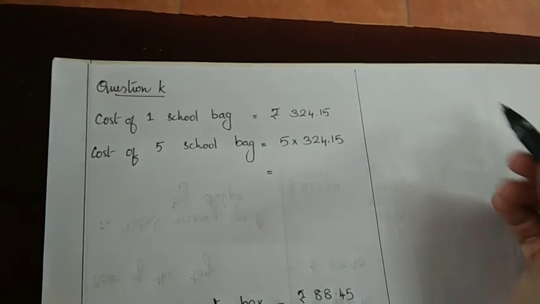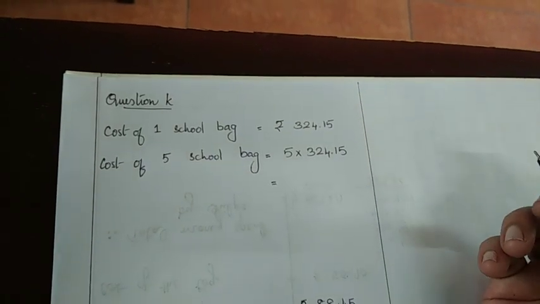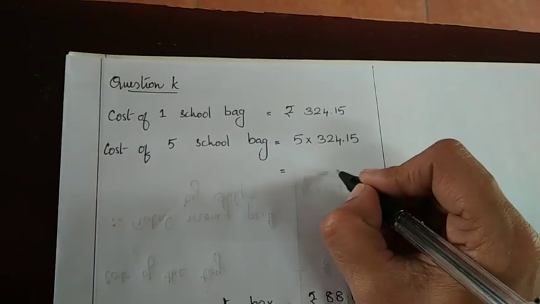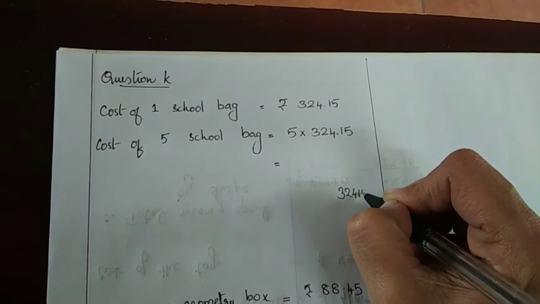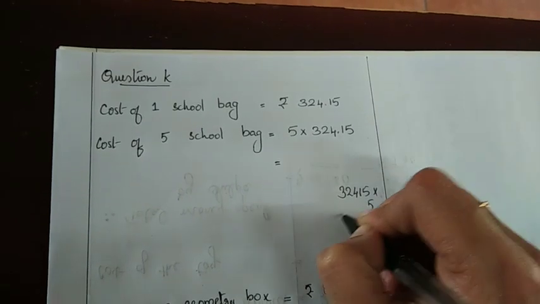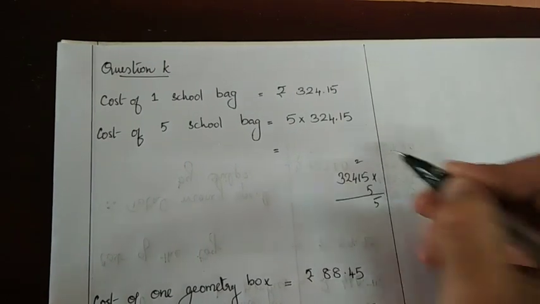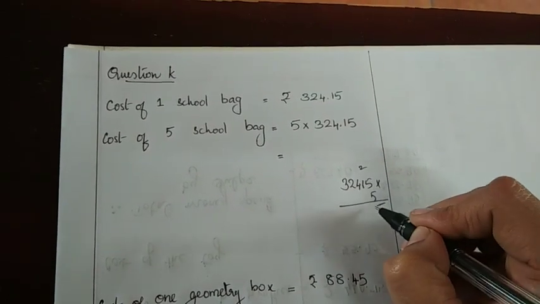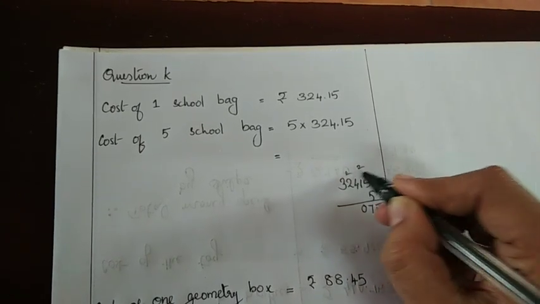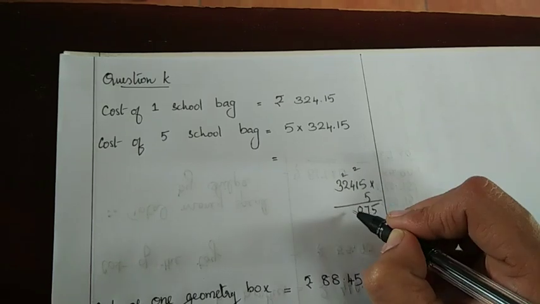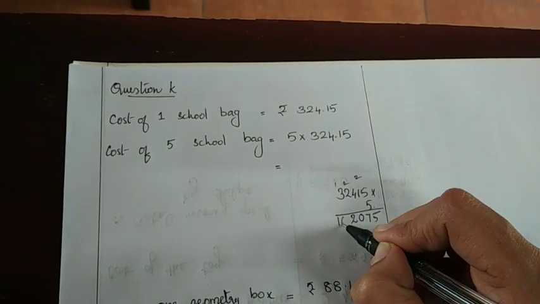Okay, so here you can see 5 is a whole number, 324.15 is a decimal number. How will we multiply? We will multiply without the decimal and we put the decimal in the end, right? So multiply 5 into 5, 25, 2 balance, 1 5s are 5, 5 plus 2, 7, 5 4s are 20, 2 balance, 2 5s are 10 plus 2, 12, 1 balance, 15 plus 1, 16.